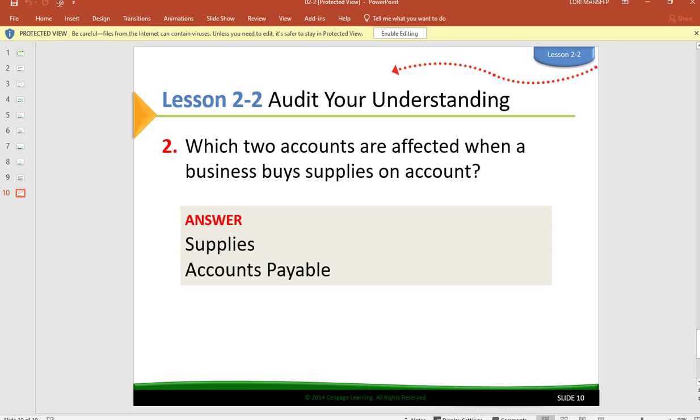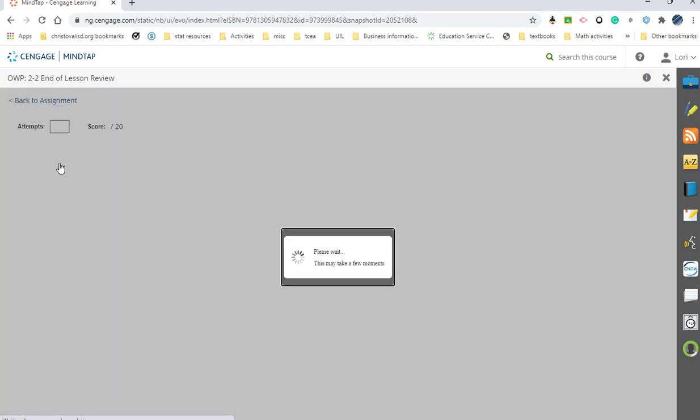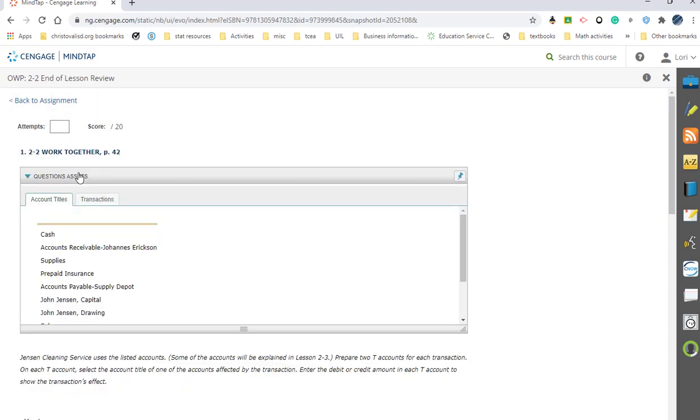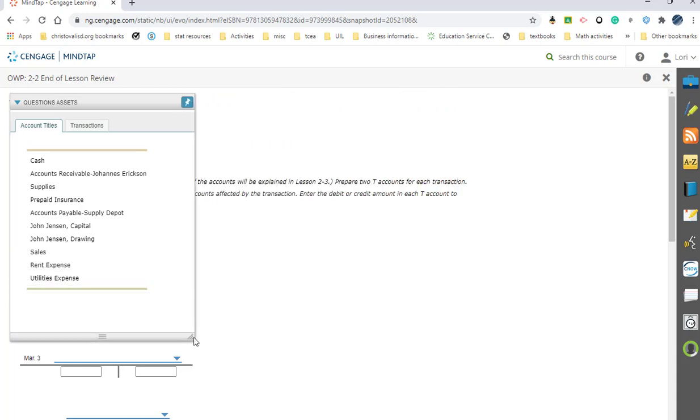So let's look at our work together. Here are our account titles. Here are our transactions. I'm going to unpin this again so I can have it move with me as I go down the page. Just makes life a little bit easier.